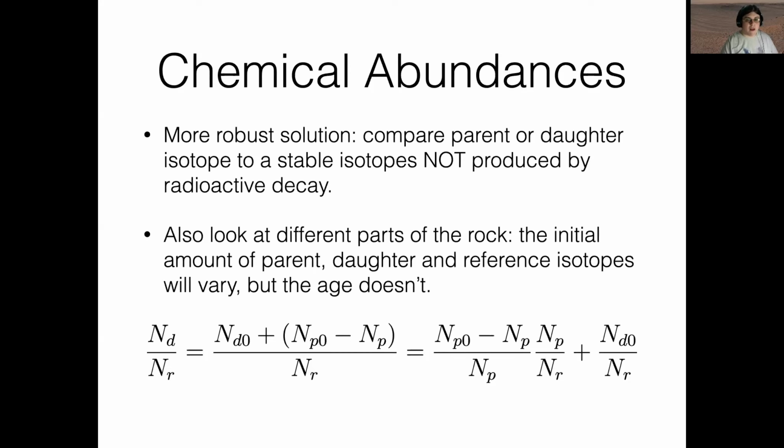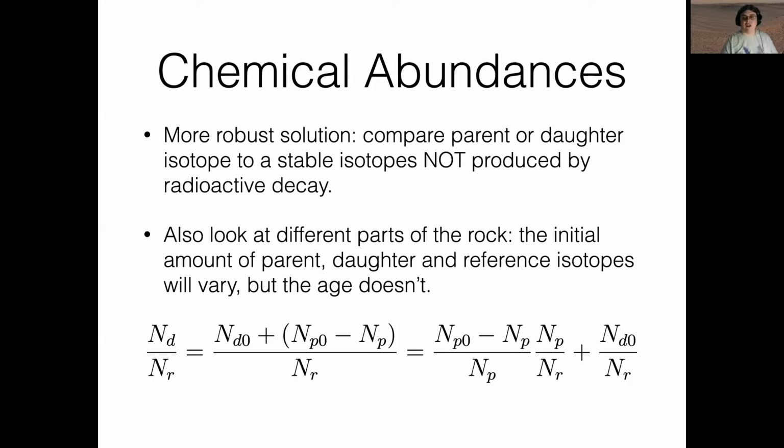Now, a more robust solution is don't just measure how much parent and how much daughter there is, but you add a third one, a reference isotope. So we have number of parent nuclei, number of daughter nuclei, and number of reference. That's a little tricky. We're stuck with the question of how much the rock started with. But what we can do is make the assumption all parts of this rock are the same age.